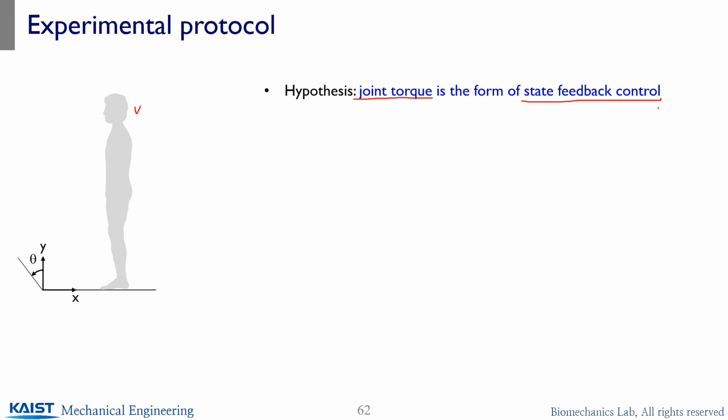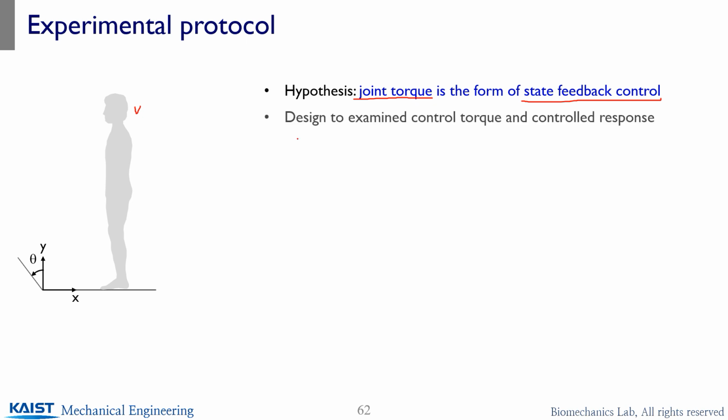Okay, so to support this hypothesis, we should obtain data, because this is a well-controlled system like a human body, and I want to identify the control. So I should make a situation where control is necessary. I should actually perturb the upright posture.